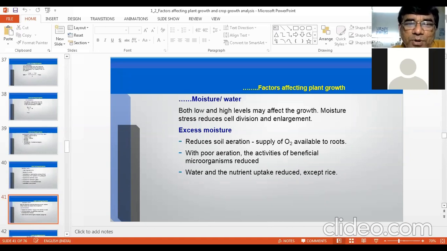For example, sorghum, pulses, millet, they will definitely die within 3, 4 days. With poor aeration, the activities of beneficial microbes are also reduced. Water and nutrient uptake are also affected by this excess water.